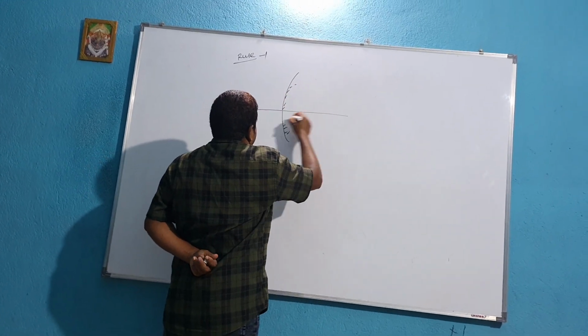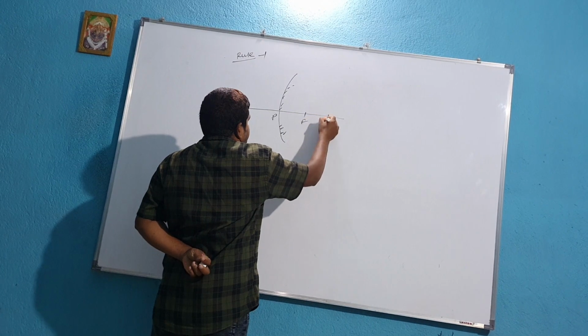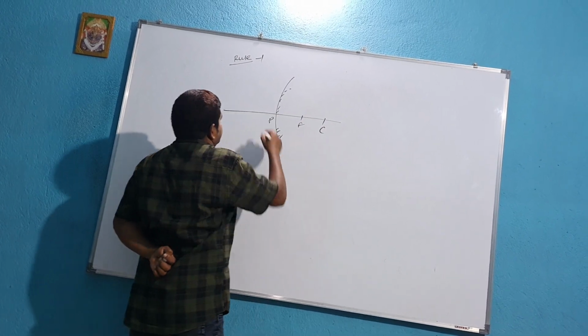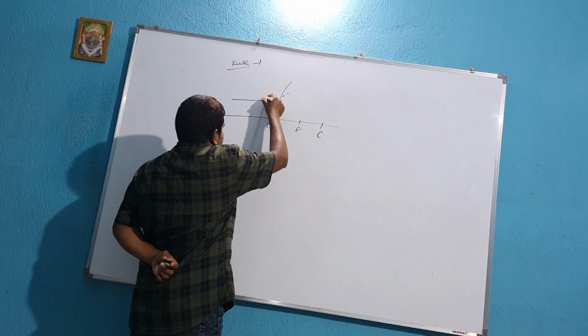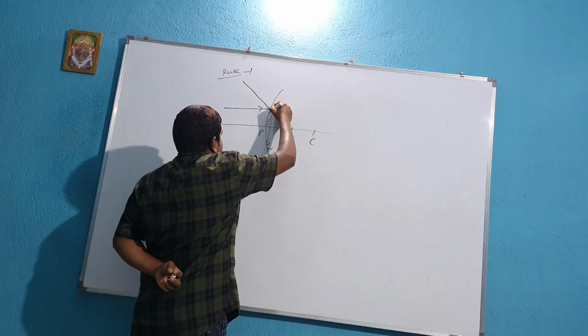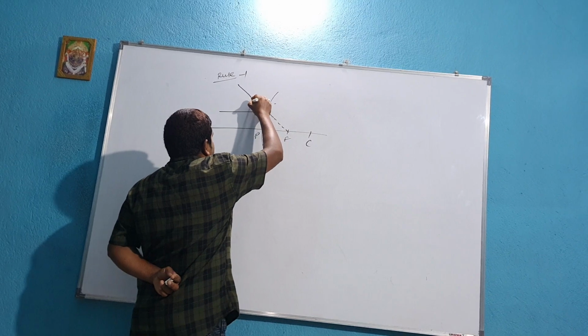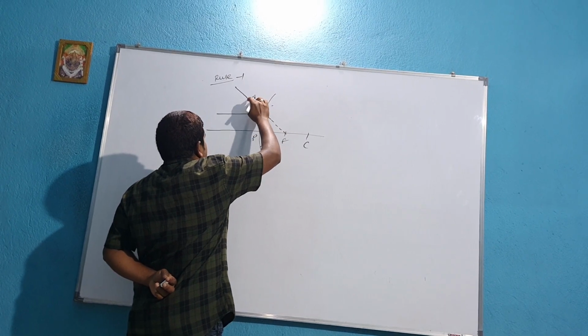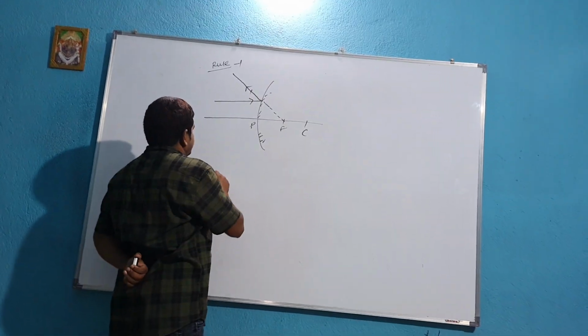This is the convex mirror. This is the principal axis, and the ray appears as coming from the focus. So it is virtual, so we draw it as a dotted line.